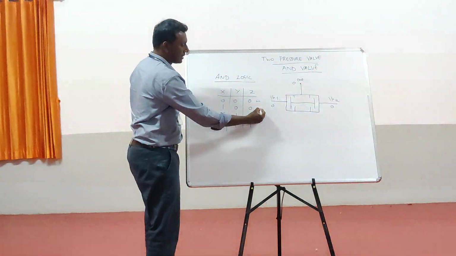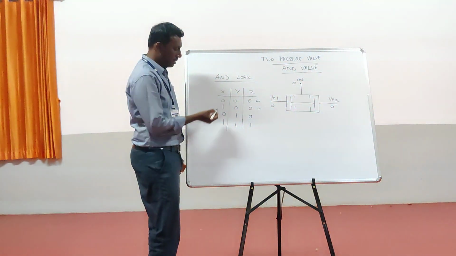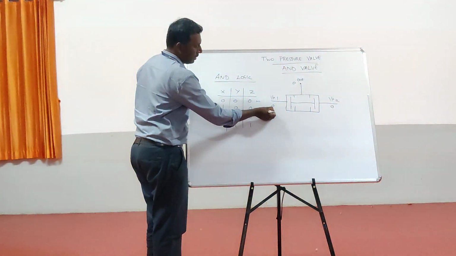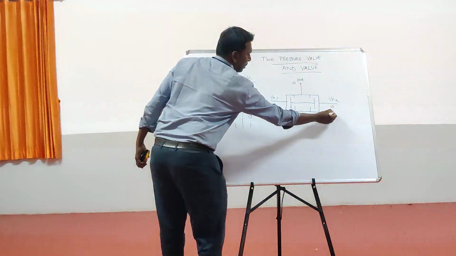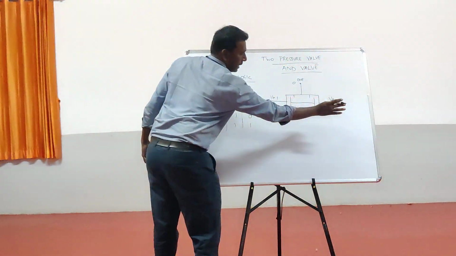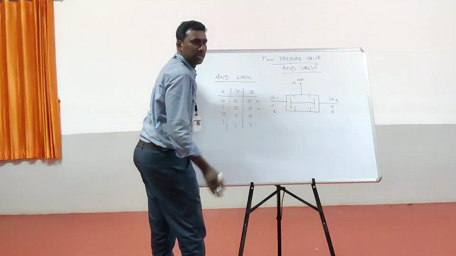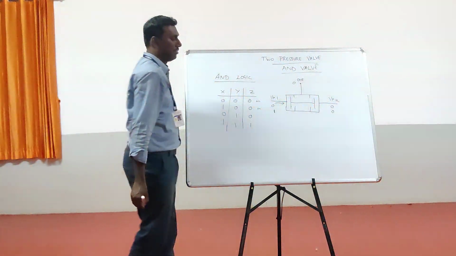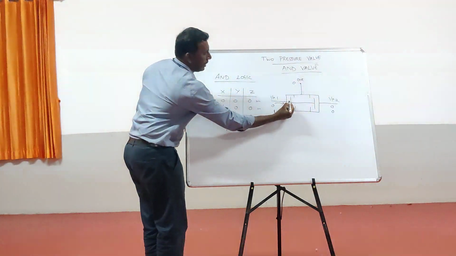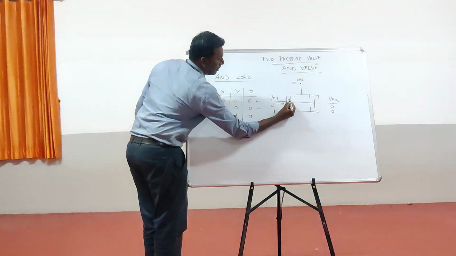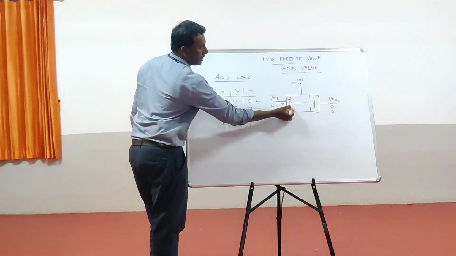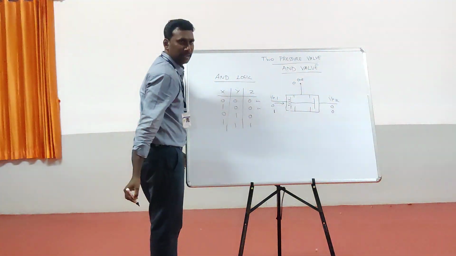If we go with the second combination, the first input is enabled and the second input is 0. Here fluid is not supplied. Here fluid is supplied, which means the fluid enters this fluid line and passes like this. It will push this spool towards this end.